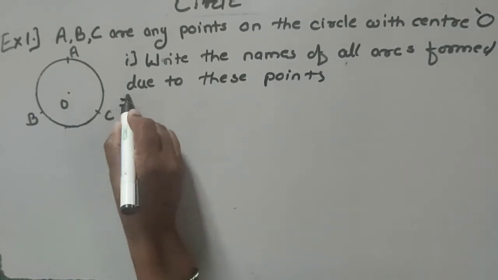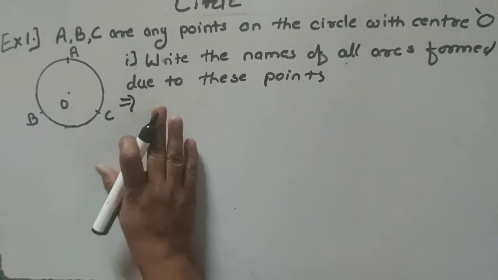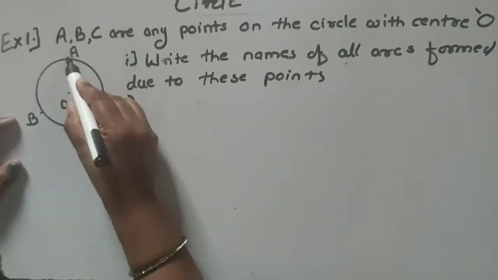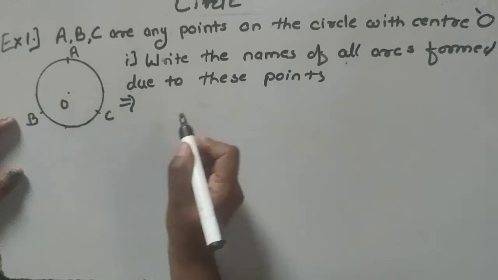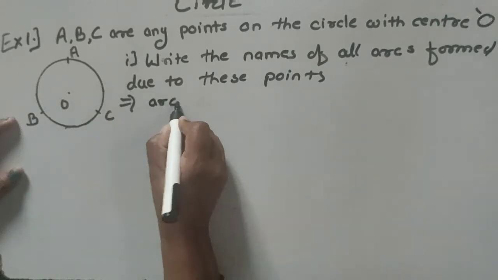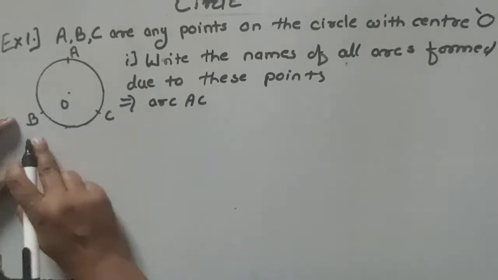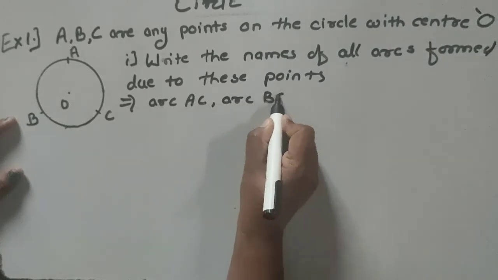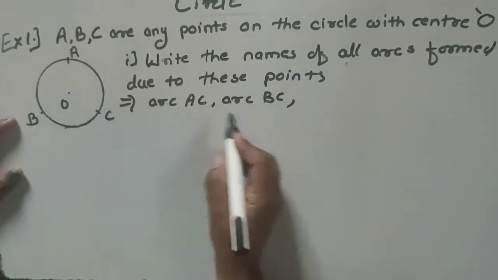Okay, so which arcs are formed here? If you see here, arc AB, arc BC, arc AC. That first we will write. First arc AB. These are the minor arcs. Then arc BC, then arc AC.